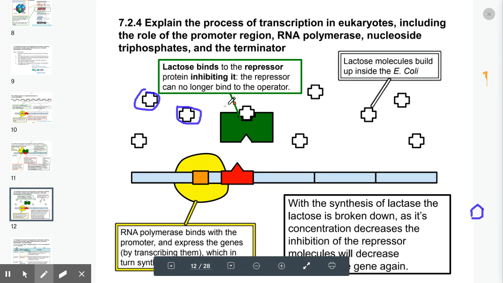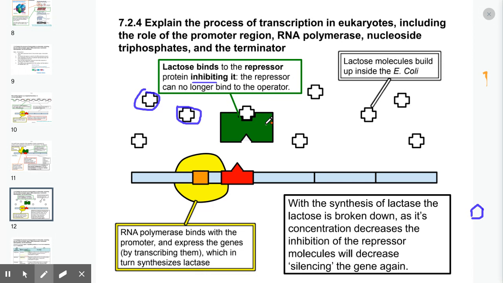If lactose is present, it binds to our repressor. It binds to our inhibitor, this transcription factor. I wish things only had one name. And that causes it to release from the operator. And now our RNA polymerase can go down and read the code to make that specific protein, right? Gene equals protein. It will make the enzyme lactase.